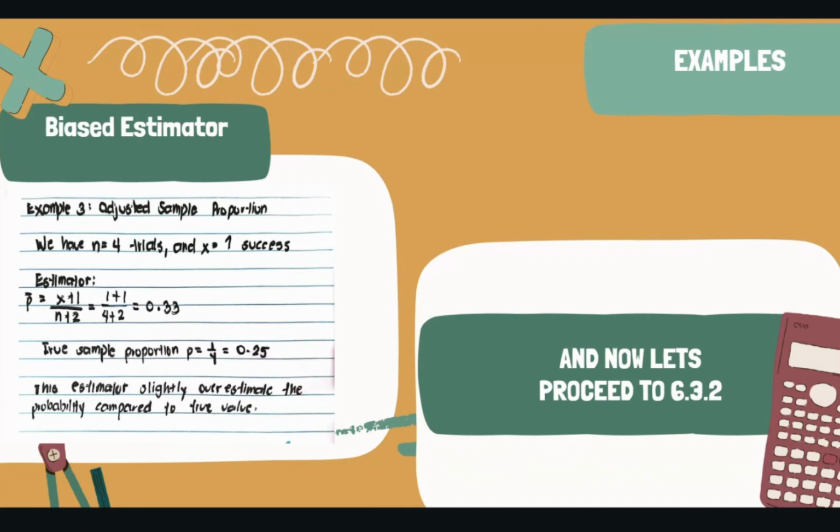The true sample proportion is 1 over 4, so it's 0.25. As you can see, the estimator is bigger than the true sample proportion. The estimator slightly overestimates the probability compared to the true value, so as you can see, it is biased. Next slide.